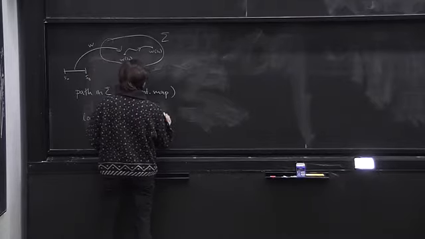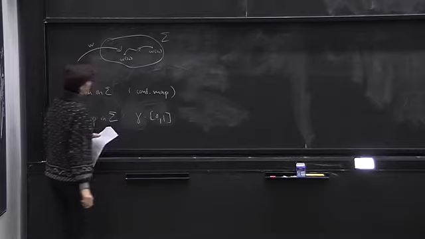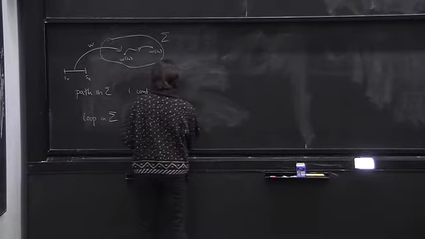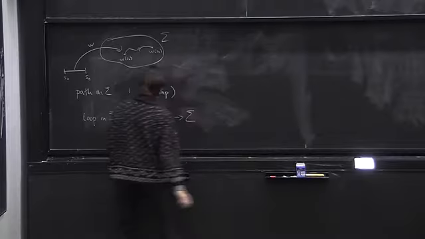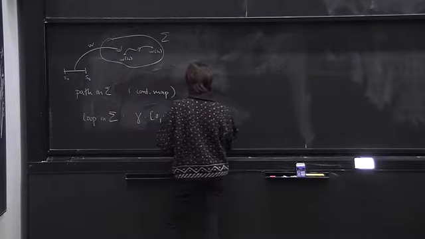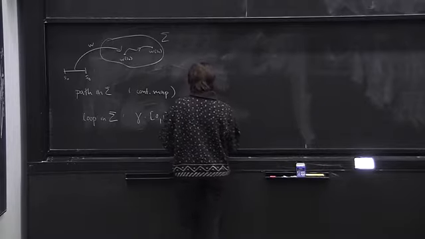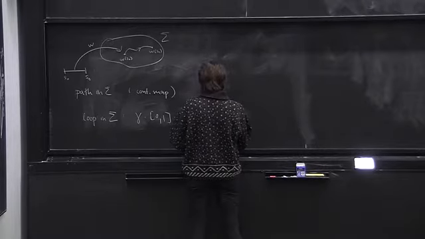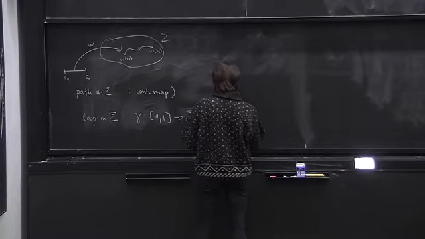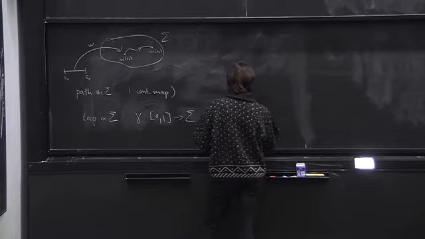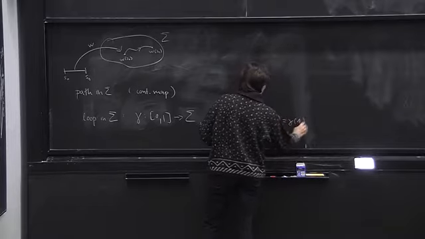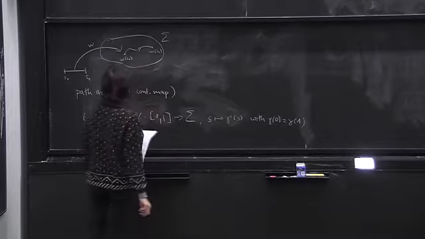Let me choose standard parameterization between 0 and 1, say. And this is a map from that interval into Sigma, where s is mapped onto gamma^i(s) in local coordinates such that gamma(0) is equal to gamma(1).